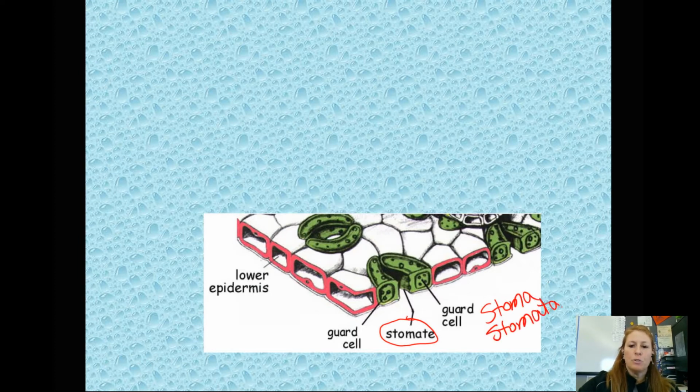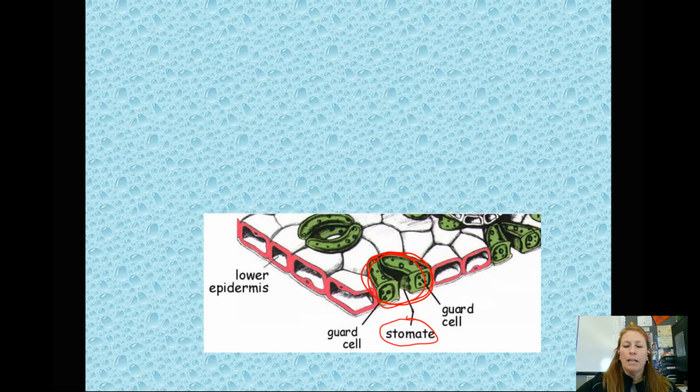I usually use the word stomata, and the reason is that there's another term called stroma, and we'll get to that in a moment. If you say stoma or stroma, they sound really similar, and you don't want to mix those up because they're two totally different structures. So I will use the word stomata, but you may see stomate or stoma. That is the actual hole, pore, opening in the leaf.